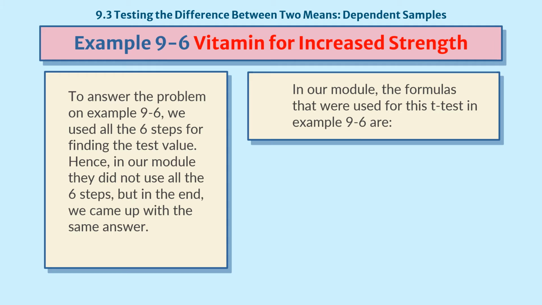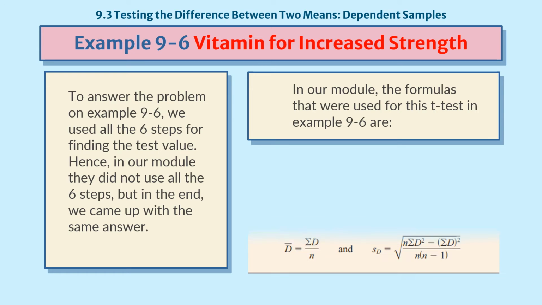To answer the problem in example 9-6, we use all the 6 steps for finding the test value. However, in our module, they did not use all the 6 steps, but in the end, we came up with the same answer. In our module, the formulas that were used for this t-test in example 9-6 are the following. These are the main formulas for the t-test for dependent samples.